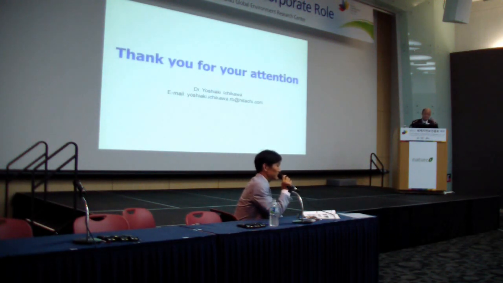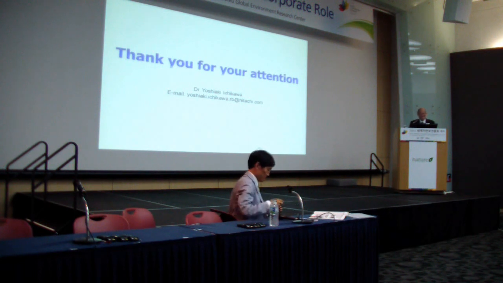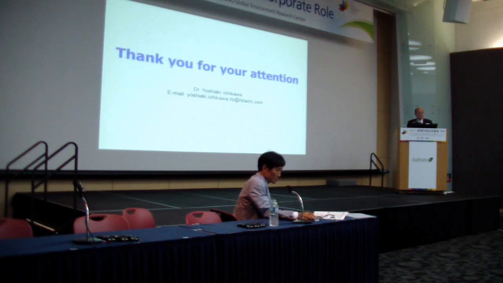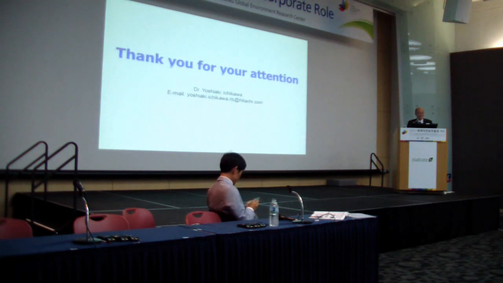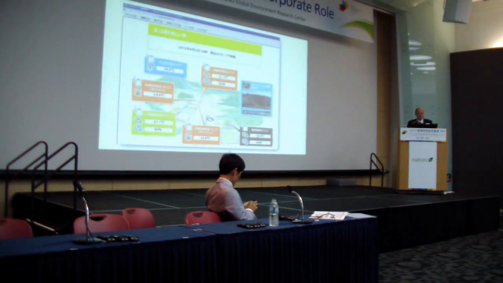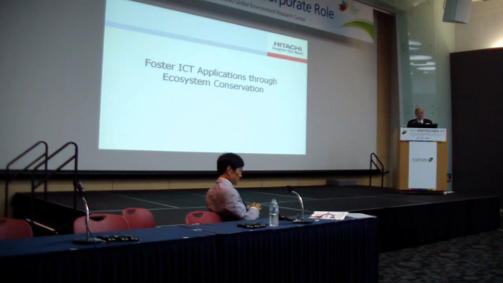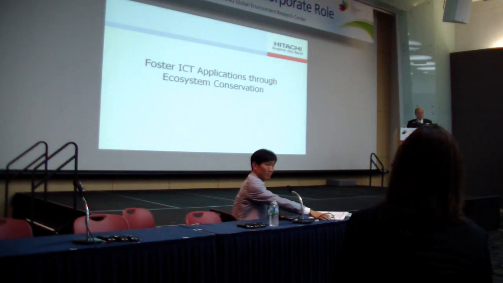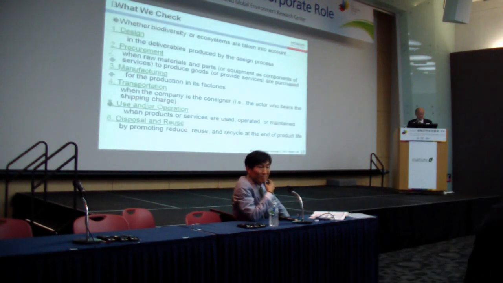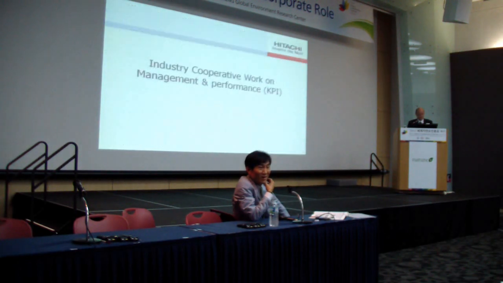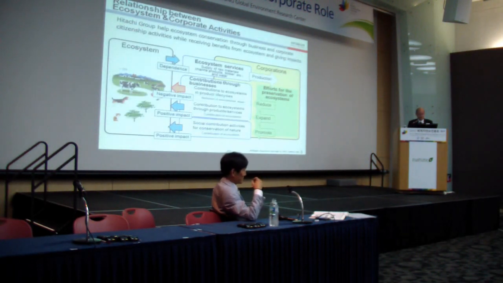My name is Eun-si Kim from Kookmin University, South Korea, and I am working for the ecology society in Korea. It's very good to hear about biodiversity and the corporate role, especially the Hitachi approach to biodiversity and ecosystem services. I was much impressed by your environmental vision, with 3 goals: preventing global warming about CO2, and also conservation of resources.